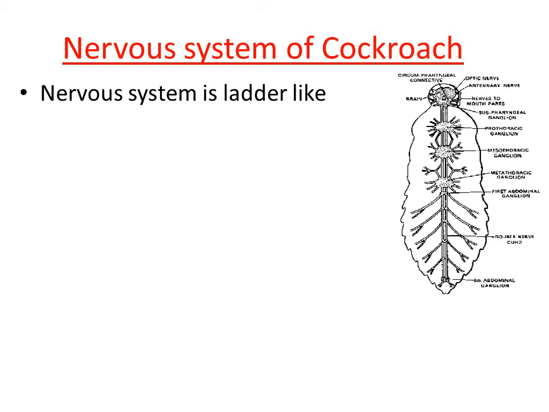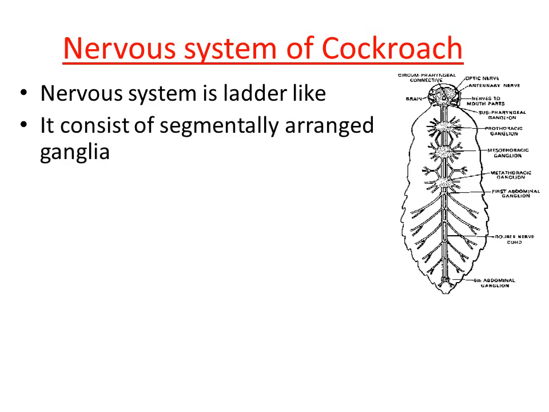This ladder-like nervous system is made out of certain organs. So we can see ganglia, nerve cord, and nerves. These are the organs seen in the nervous system of the cockroach. In order to form the ladder-like nervous system, the cockroach consists of segmentally arranged ganglia.